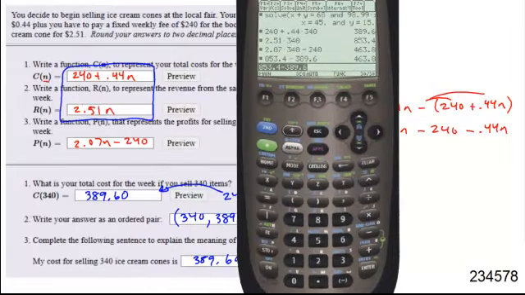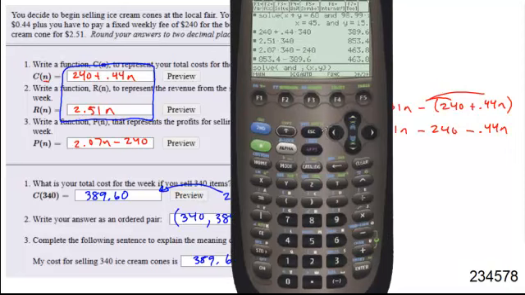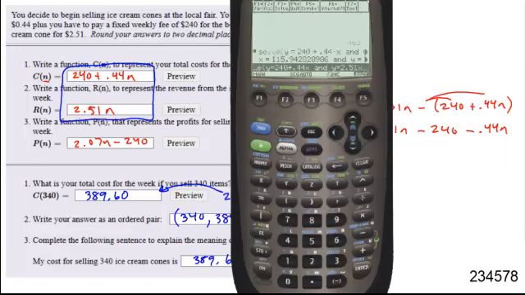So again, just to reiterate the system version of this, I'll use x's and y's here: if I set y equal to 240 plus 0.44x, and set that equal to y equals 2.51x, I get my x value here at 115.